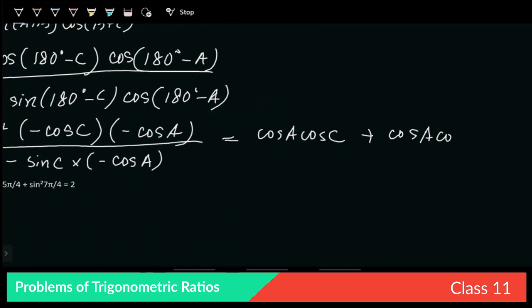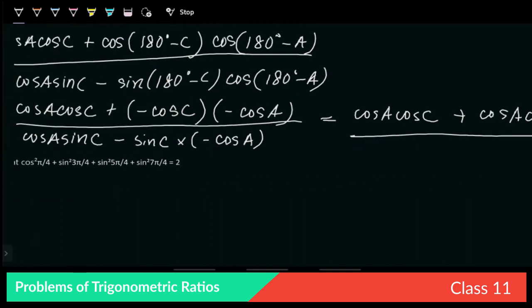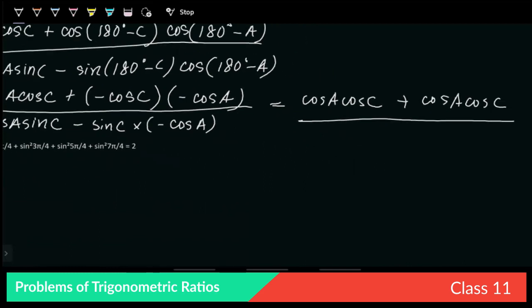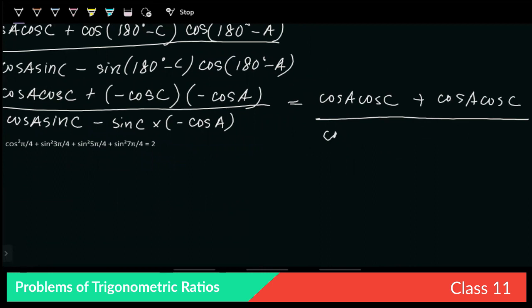Now the denominator: cos A sin C minus sin C into minus cos A. So minus minus is positive. So I can say that it is cos A sin C plus cos A sin C.